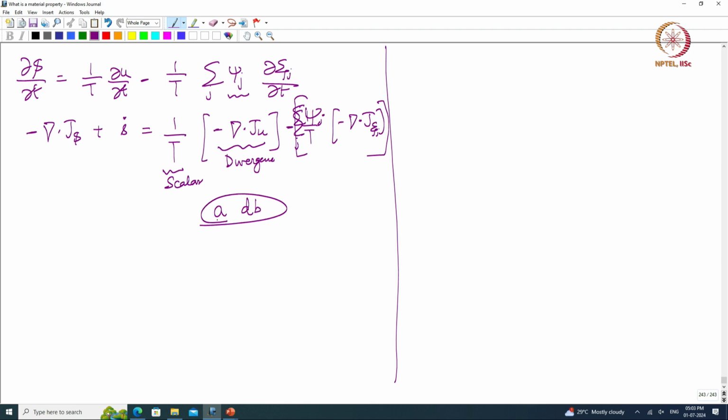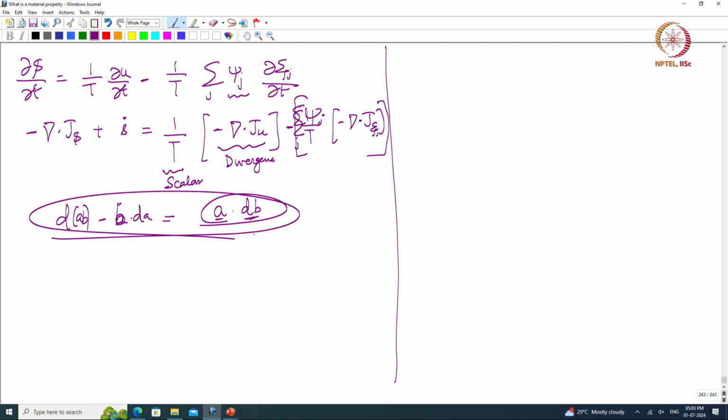Irrespective of whether this is vector or scalar, it looks like this, and I can write it as d(AB) minus B dA, right. So, that sort of a thing. This is just the chain rule, right. So, I can express AB as B dA plus A dB, right.